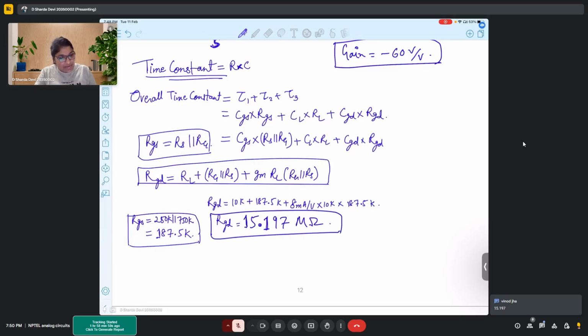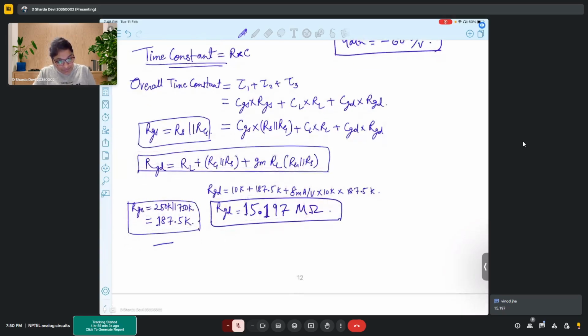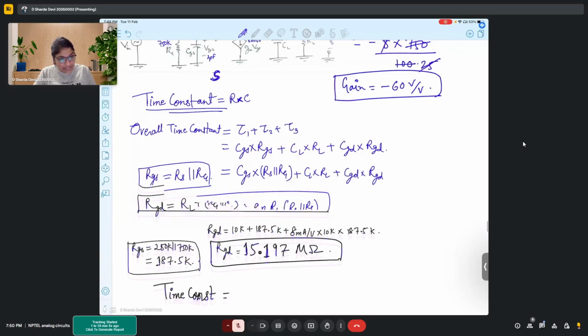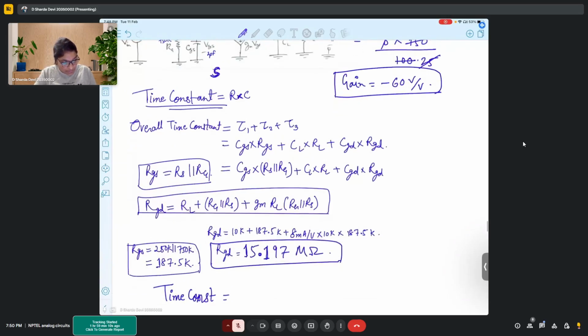So if this is RGD, now if I have to calculate the overall time constant, then it is CGS into RS parallel RG. CGS was how much? 2 picofarad.